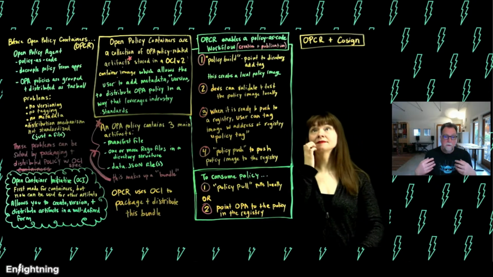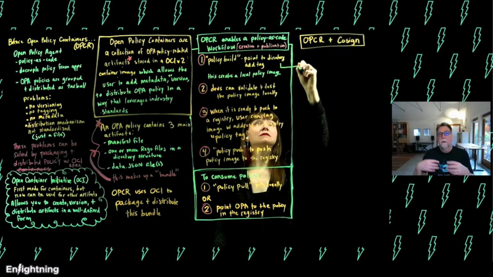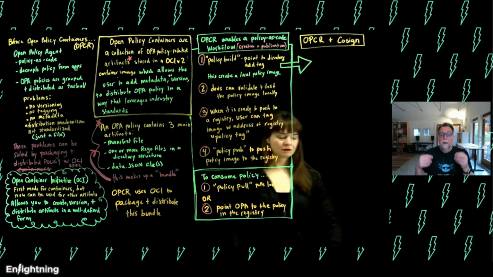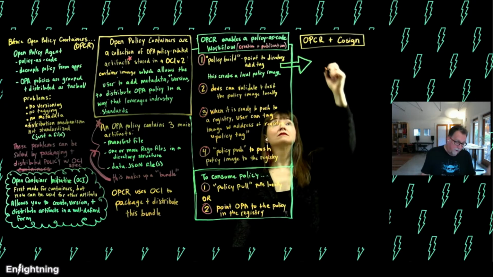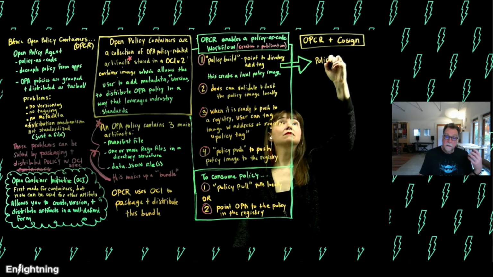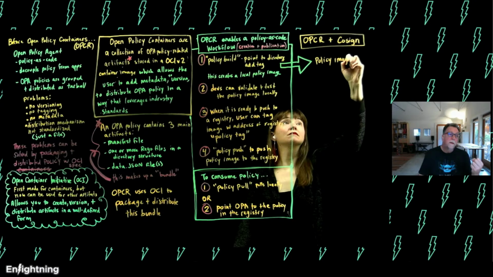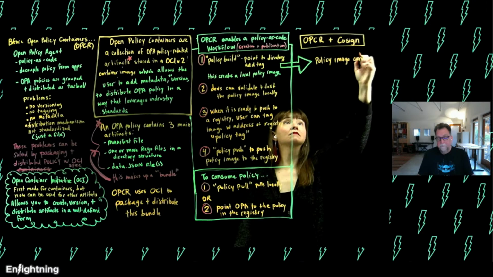So I use Cosign to create my key set, I'm going to sign this particular artifact. That gives me a public key and a private key in the Cosign world. And then I am going to push that signed policy up into my registry.